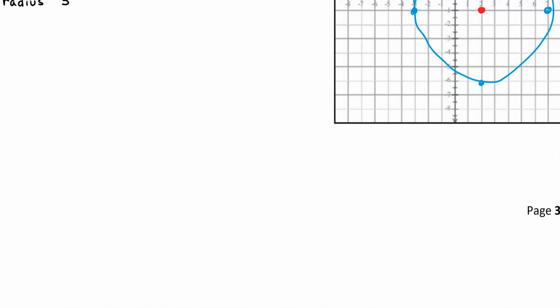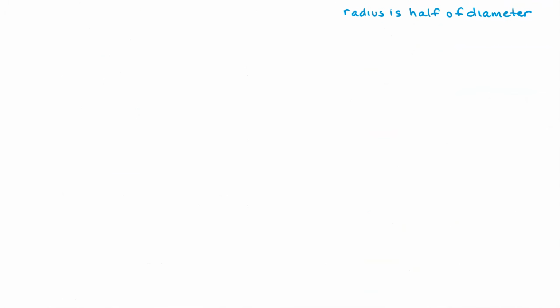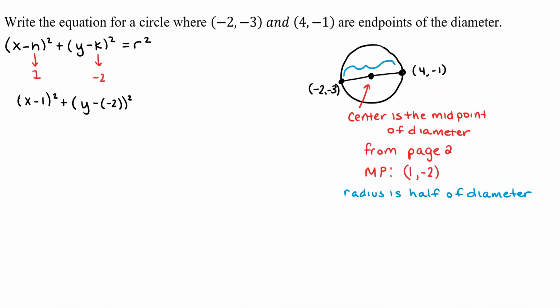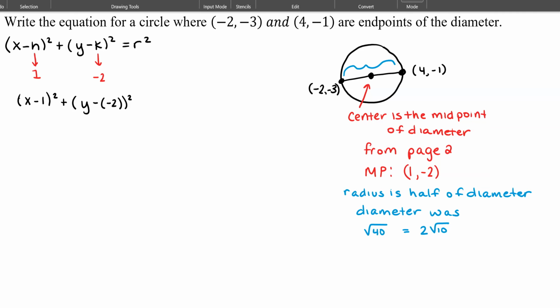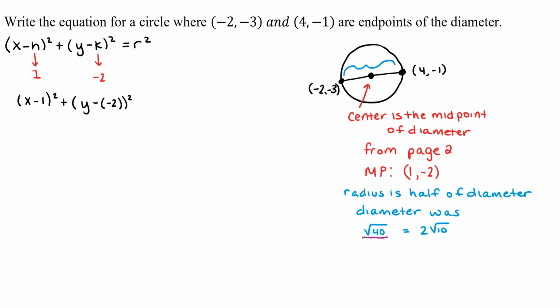Now, I want to show you here, because most of the time you haven't already done this. So the diameter was the square root of 40, which is the same as 2 square roots of 10. Now, when I divide by 2, because that's what half is, dividing by 2.